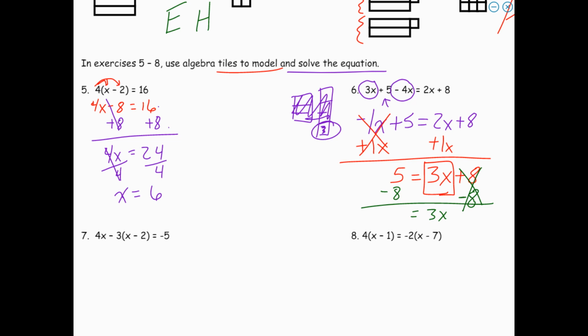That's negative 3. So if I divide it into 3 groups, how many does 1x equal? Negative 1, because it's a negative 3. So x equals negative 1.